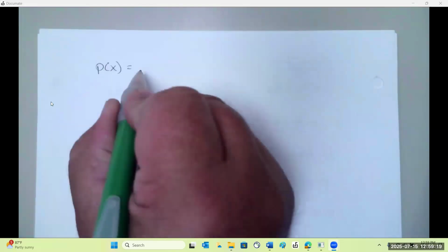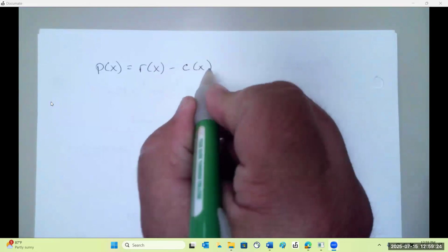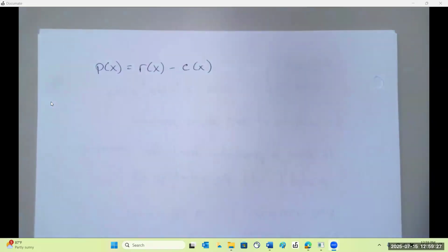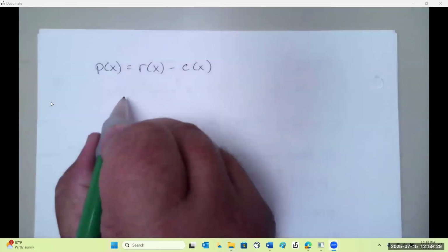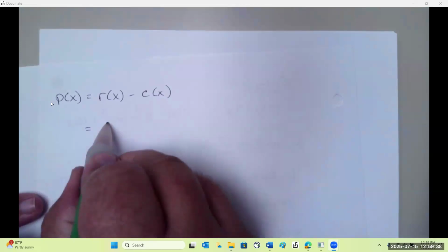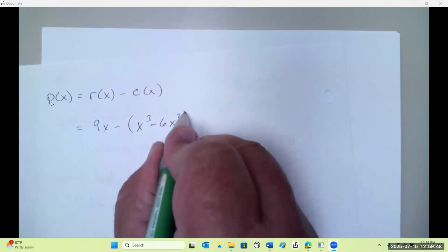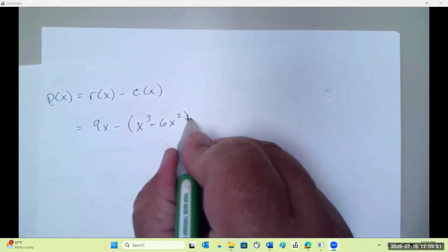We have to first look at the function itself. We're looking for profit. The profit function is R of x minus C of x. So R of x was 9x minus 3x cubed plus 15x.